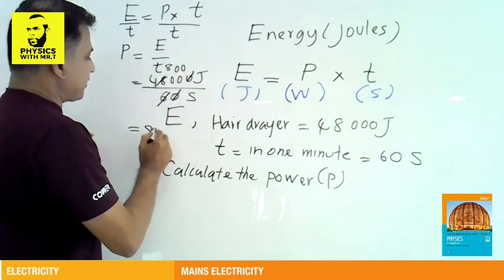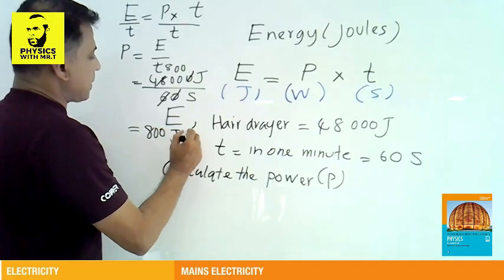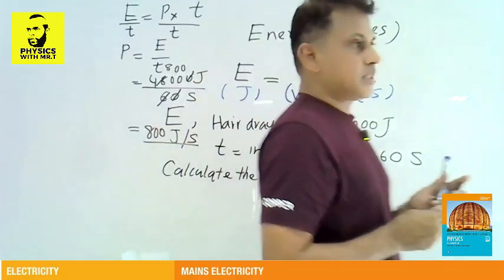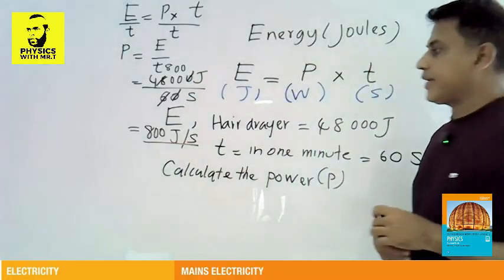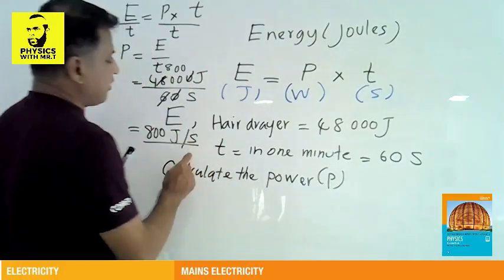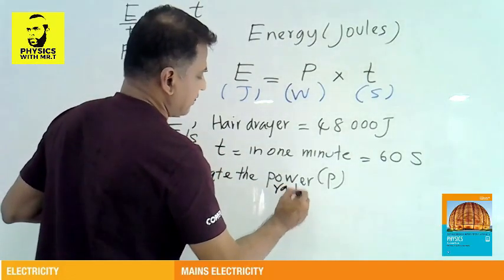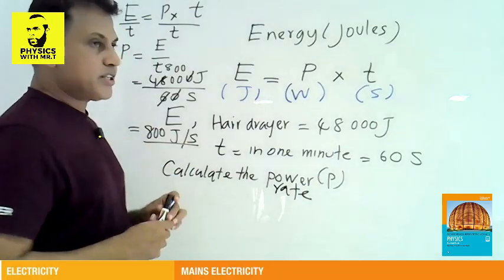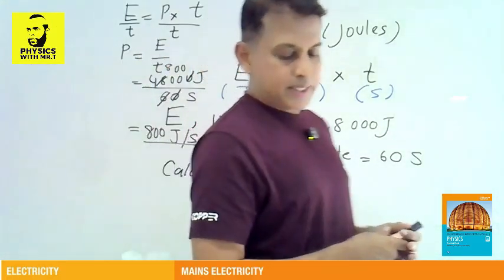So it's 800 joules per second. That is the power rate, right? When we divide by time, it's a power rate. So we calculate the power rate, which is 800 joules per second.